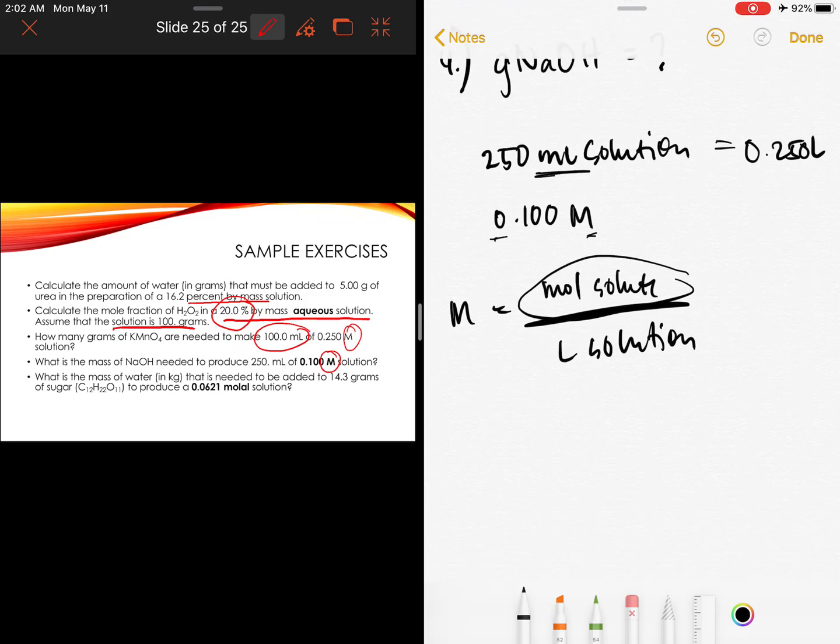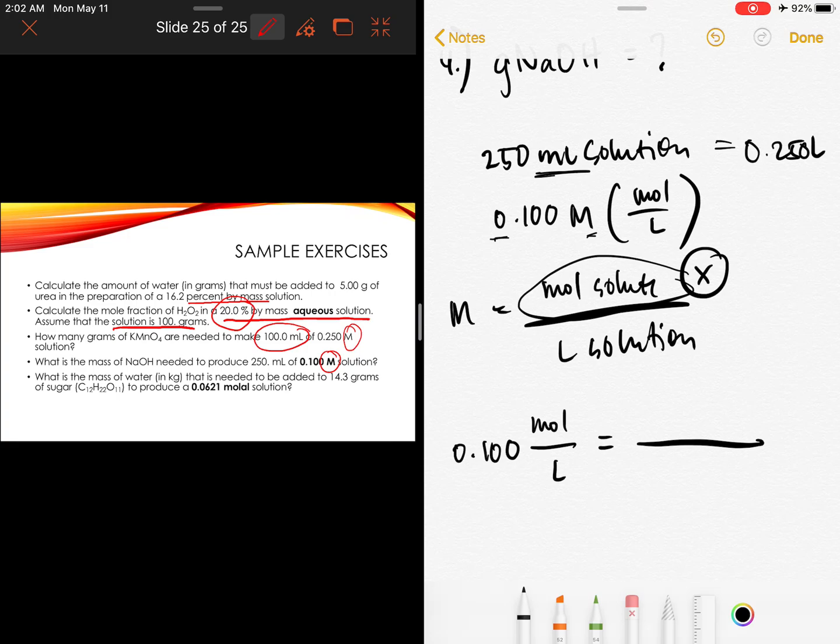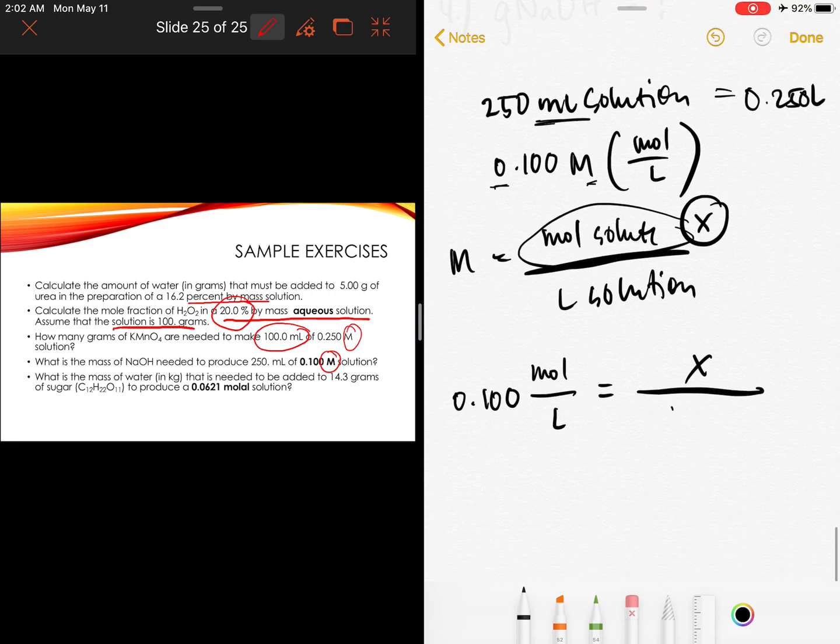Substituting, we have the concentration, which is 0.100 mole per liter, equal to the moles of solute over liters of solution. Let's assign x for the moles of solute, and for the liters of solution we have 0.250 liter.